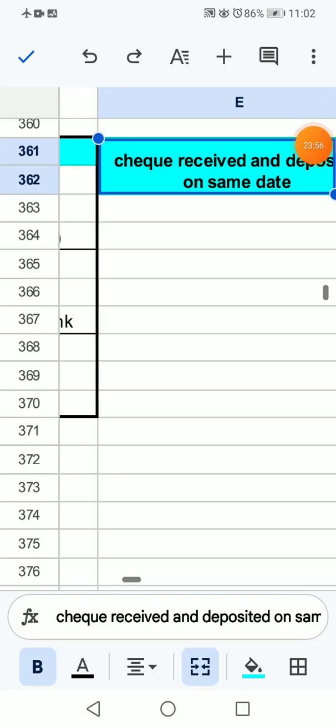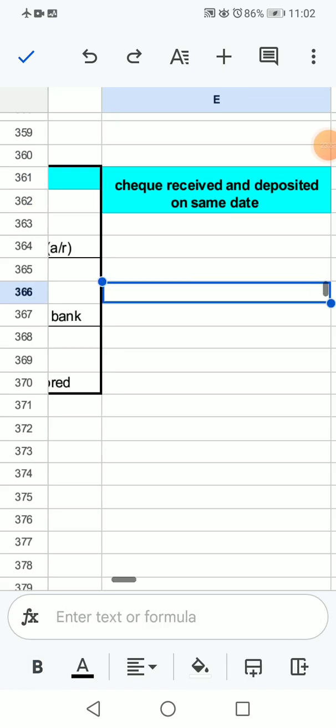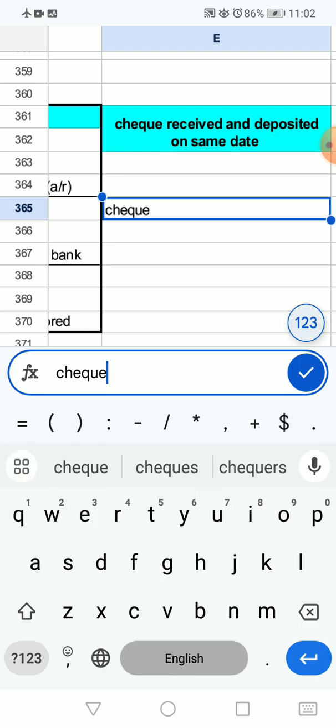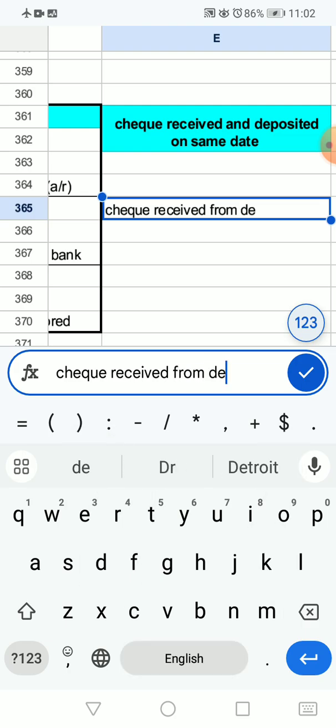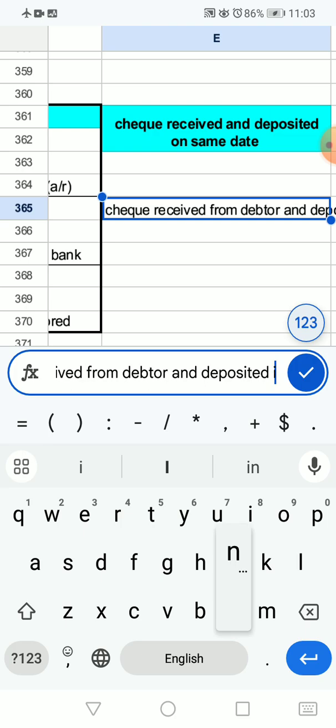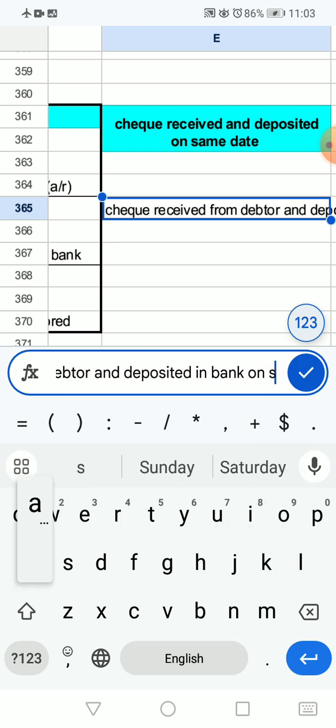Alright, what narration you will see over here, he will say to you that check received from debtor, you will receive check received from your debtor and deposited in bank on same day.